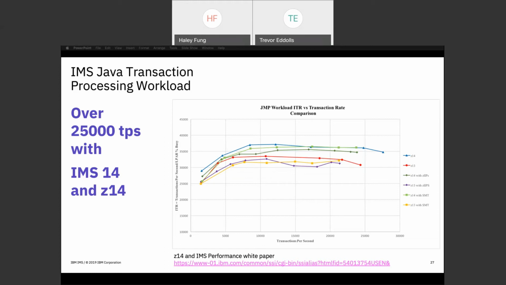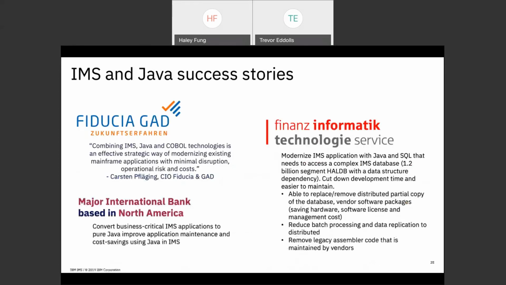All right. So to close out the Java topic, I just want to share, again, we have success stories with our major key customers in those areas for adopting Java. One thing that I do want to highlight, especially with our solution with the Fiduciary GAD, they actually adopted a solution to extend existing COBOL applications, putting in Java.